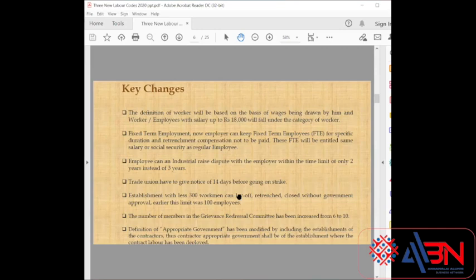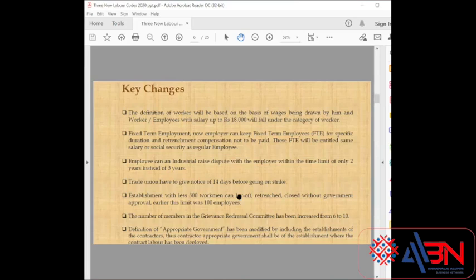This was not existing earlier. Now, a fixed term employee is an employee who is working for a period of 1 year. If an employee has worked for a period of 1 year, then he will be entitled to some social security measures. So if you have a fixed term employee, as in somebody who has worked with you for 12 months, then he is liable to get his gratuity.